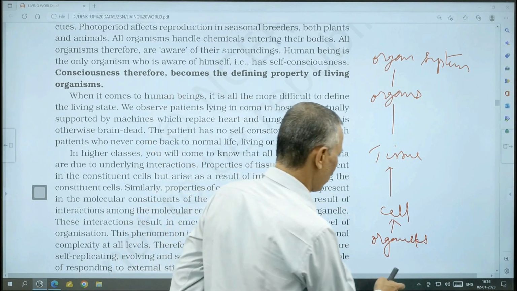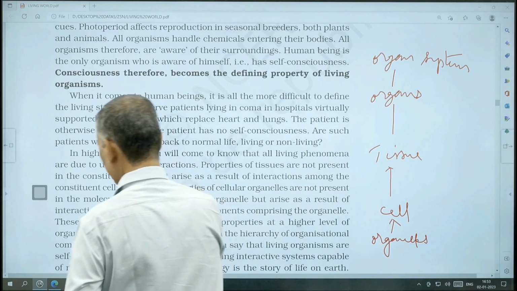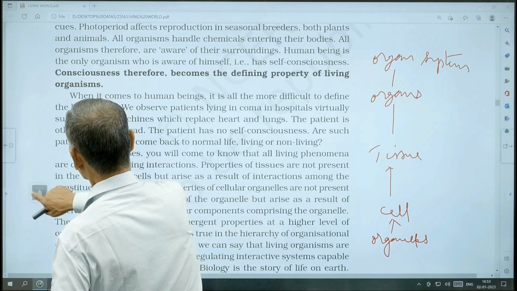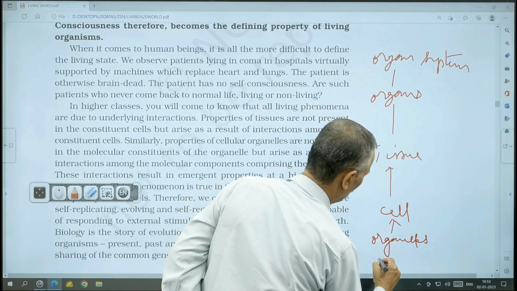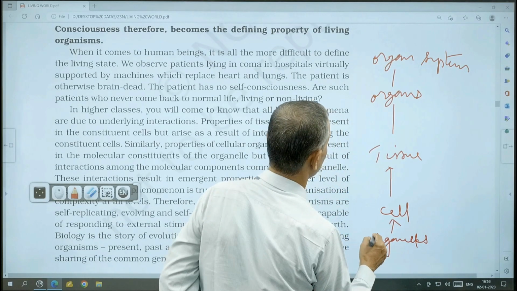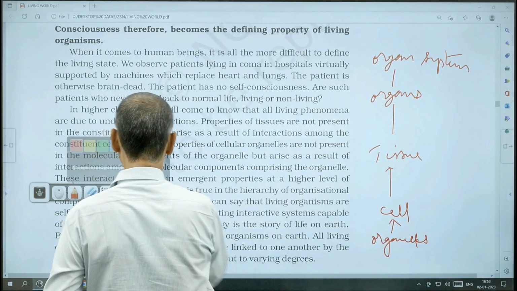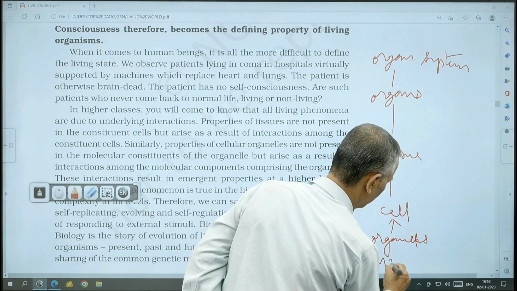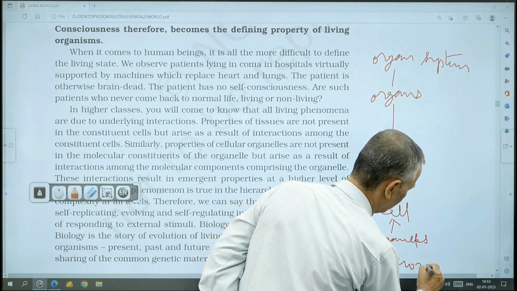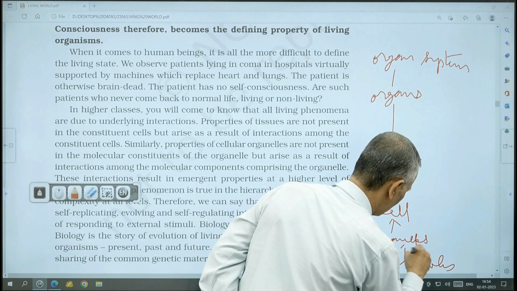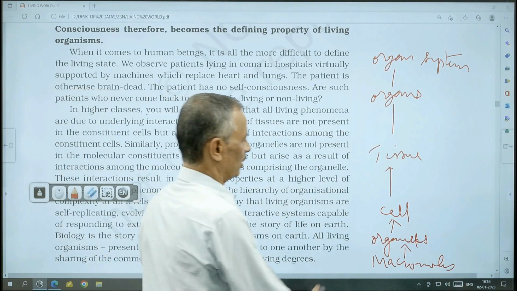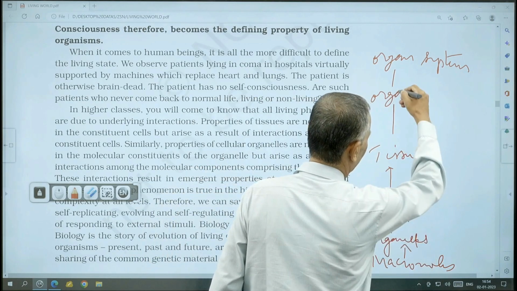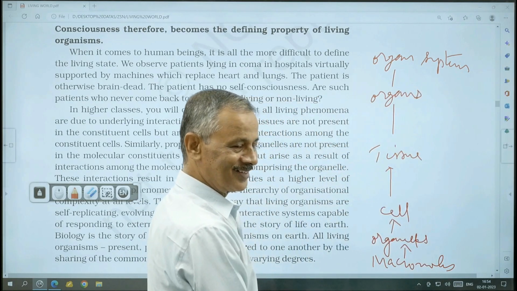And what are they all made of? They are all made up of macromolecules. These macromolecules, like proteins and carbohydrates, go into the composition of organelles, but do they have the same property?